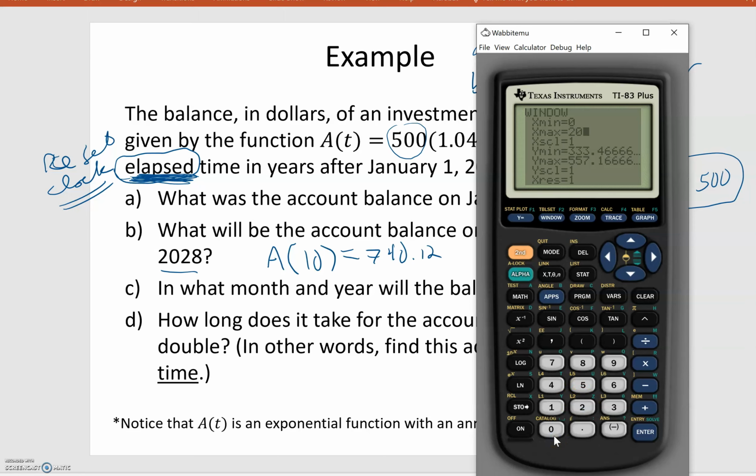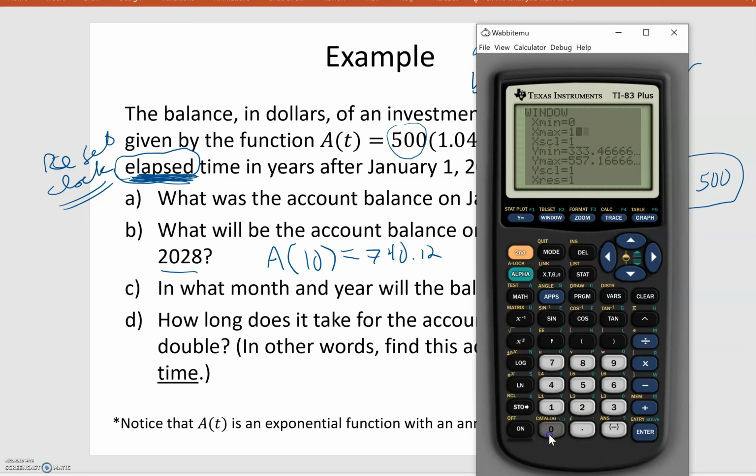If you're not sure about setting your X max and you want to actually be a bit more exact about it, you can go to the table and see when this intersection occurs. And it happens, actually, see right here, it happens between 4 and 5. So really that tells me that 20 is plenty big, in fact too big.